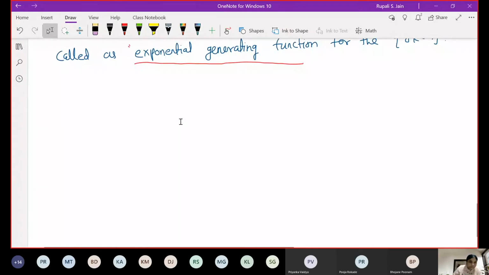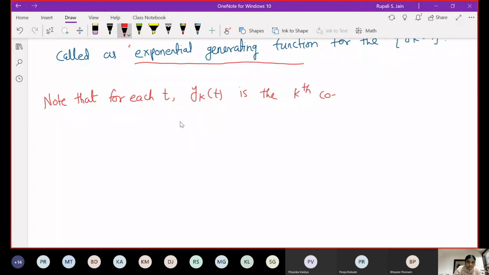If we know the generating function, note that for each t, y_k(t) is the kth coefficient in the power series for g(t, x) with respect to x at x equals 0.